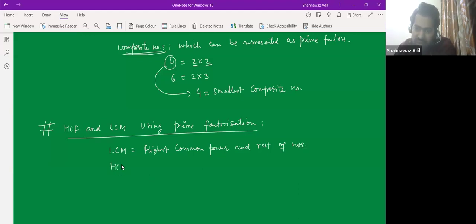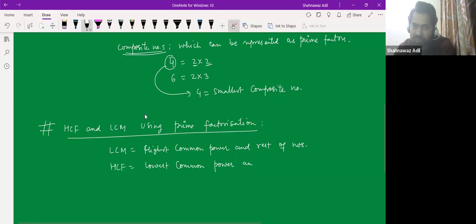And HCF is what? This is the lowest common power and nothing else. So these are LCM and HCF.